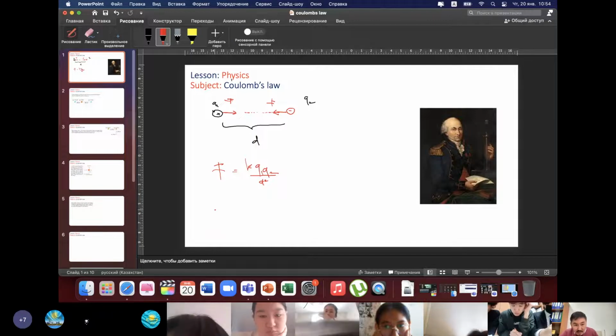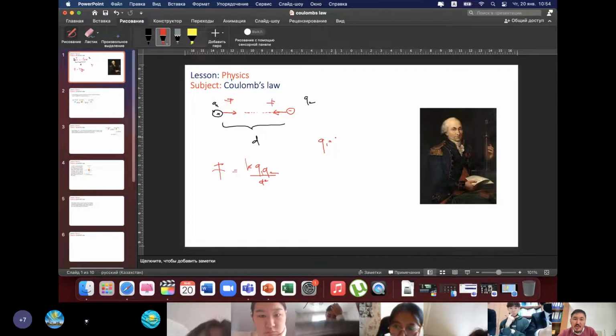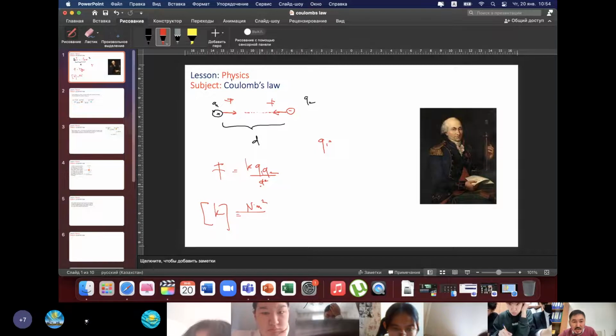Now, suppose that I have here the Q1, for simplicity, let's calculate it. By the way, the K here is the constant, and the unit, as you see here, is newtons times meter square, since I have to measure the distance by meters, over Coulomb square.